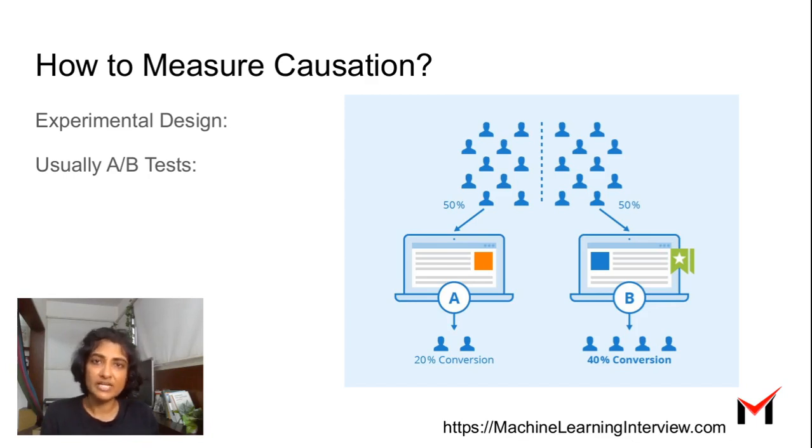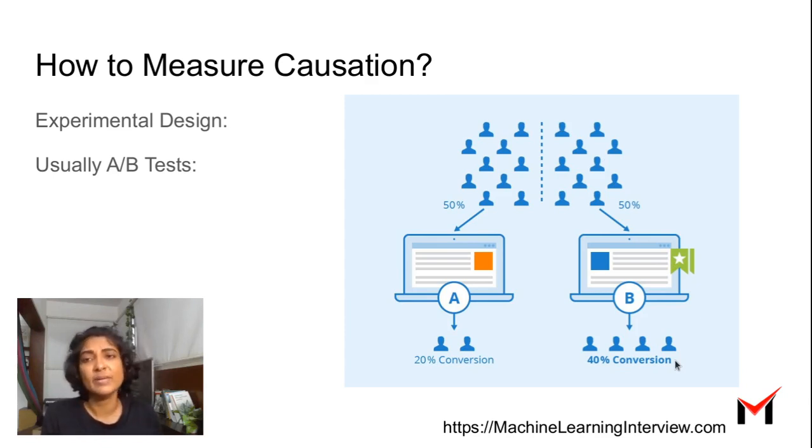One is called the treatment, the other is called the control. In the control, you do not change anything. In the treatment, you add your new feature, right? The important thing here is everything else needs to be the same, right? And then you see if the treatment group has an increased conversion over a period of time, right?